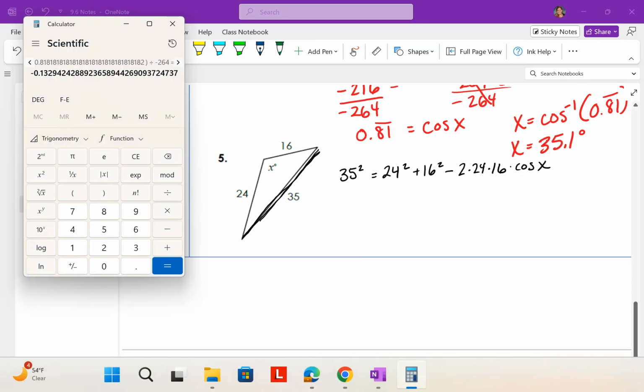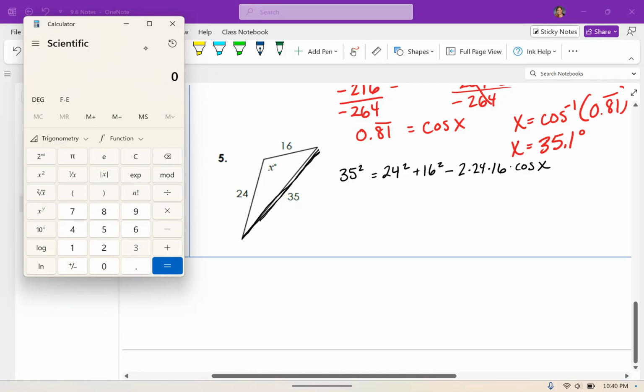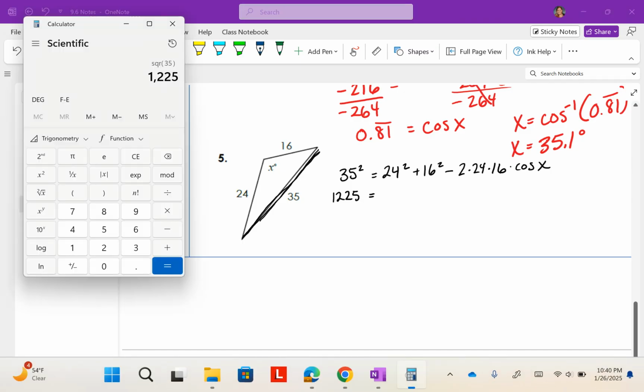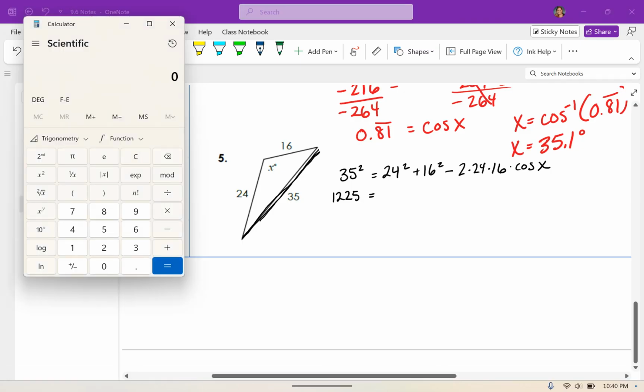Okay, bigger numbers, but we got this. 35 squared, 1,225. 24 squared plus 16 squared is 832.